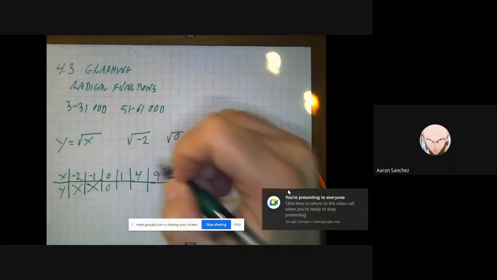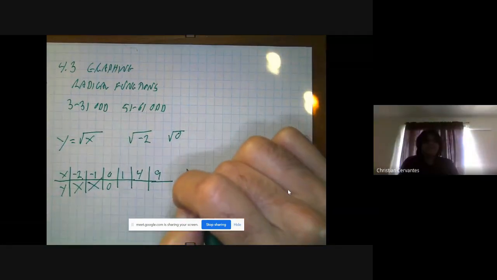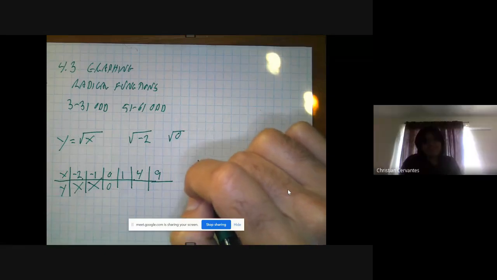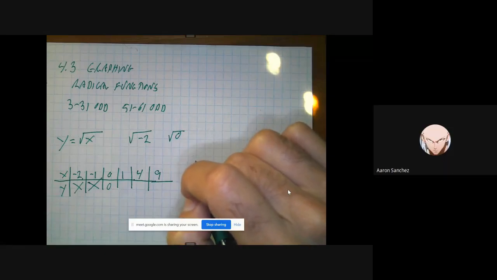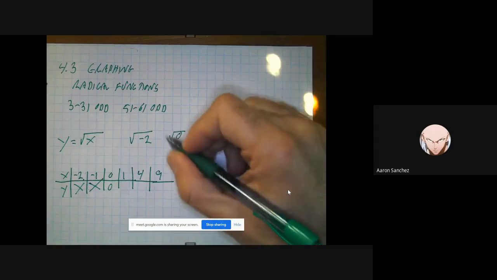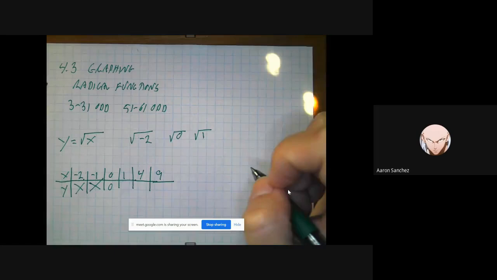Yes. Christian, what's the square root of 0? 0. Do you know how to get the square root of a number? Christian, what's the square root of 1?